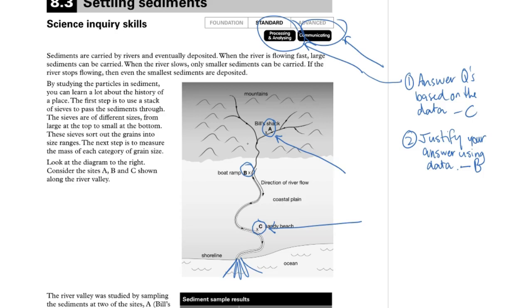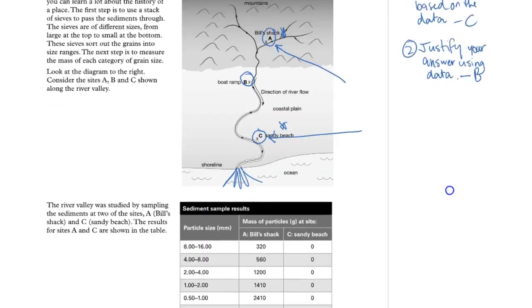You see, light, tiny rock like sand can get carried for a long way because it's very light and can easily move in water that's not even moving very fast. However, big rocks tend to need a lot of faster moving water because it needs enough energy to pick the rock up and move it down. So you're going to see a difference in the type of rocks that you find at point A and point C. Let's have a look at the data.